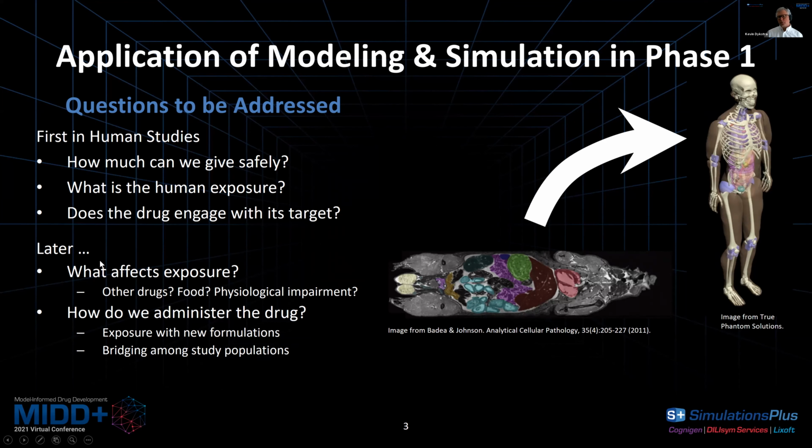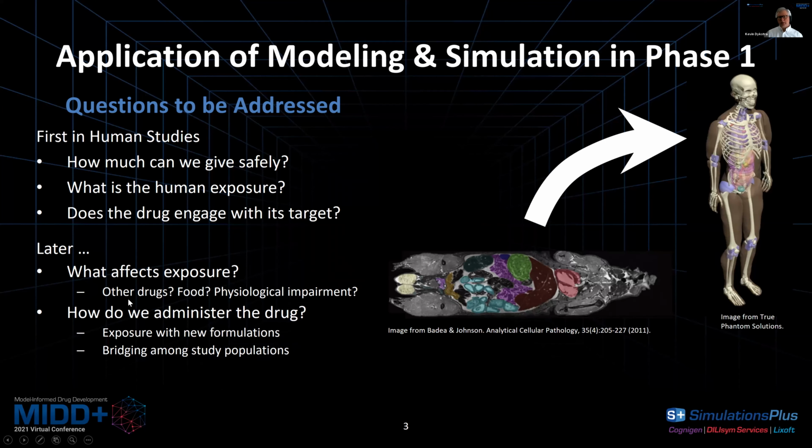Later in development, we always look at phase 1 as being a distinct phase of development. Once that's finished, then we go on to phase 2. But the reality is that the clinical pharmacology phase 1 type studies continue all the way through development. So we always have to find out what affects the drug exposure.